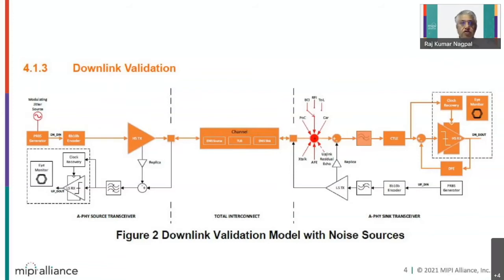So the automotive harness is going to generate a crosstalk, and this crosstalk we generally call bundle crosstalk. This is going to be there.